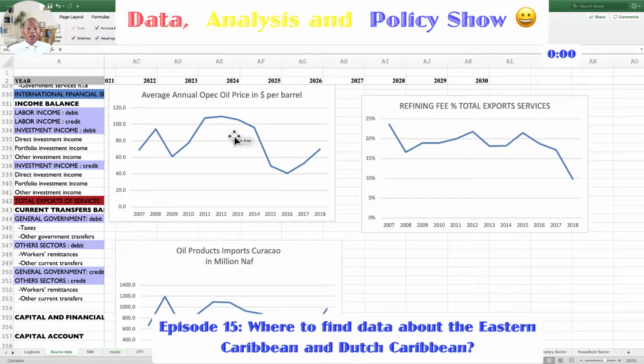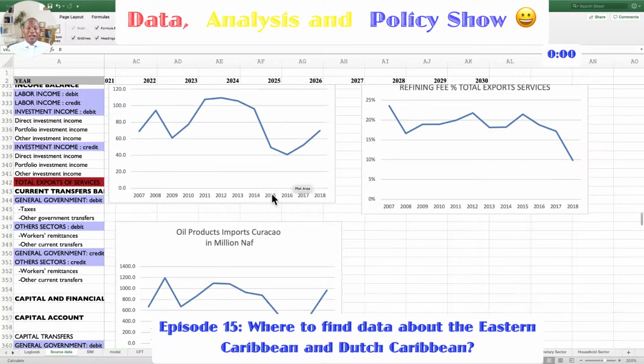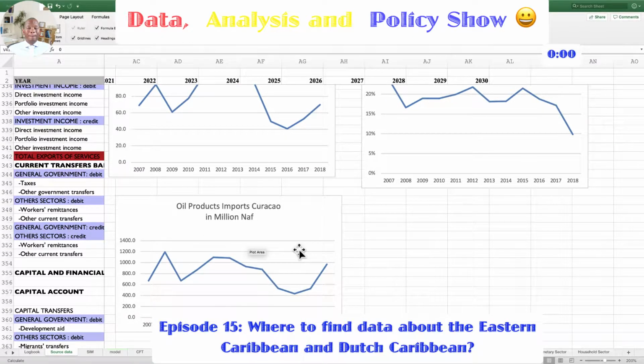When the oil price goes up to 100 or 120 or 109 like it was in 2012, it means that the oil imports will go up. And if Curacao doesn't manage to export, then, like I showed you, the balance of payments, the export minus imports, will be a lot worse.